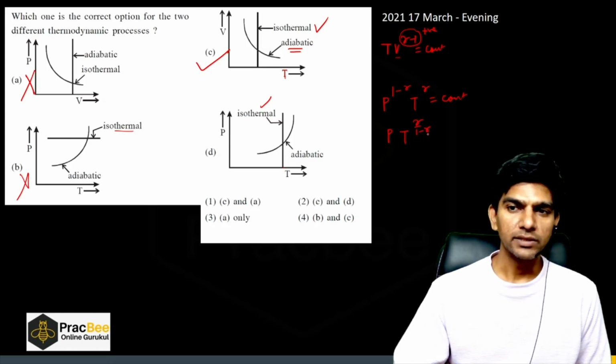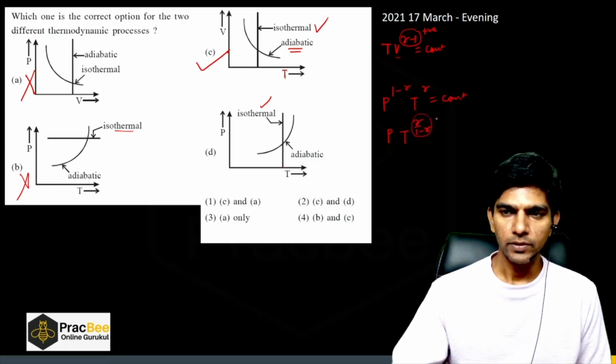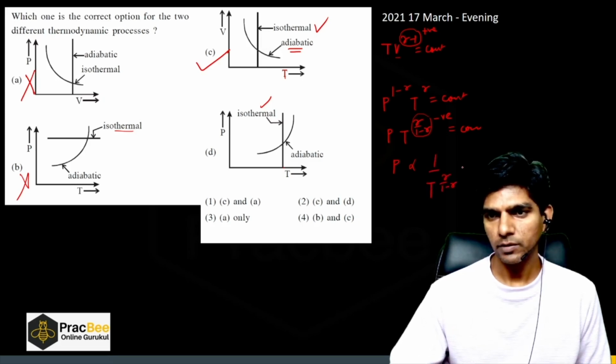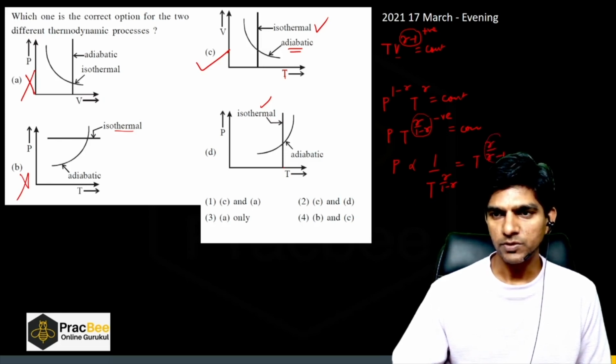Now 1 minus gamma is negative, so this quantity is negative, right? So P is inversely proportional to T raised to power gamma upon 1 minus gamma, or I can write this as T raised to power gamma upon gamma minus 1. So now this becomes positive, right?